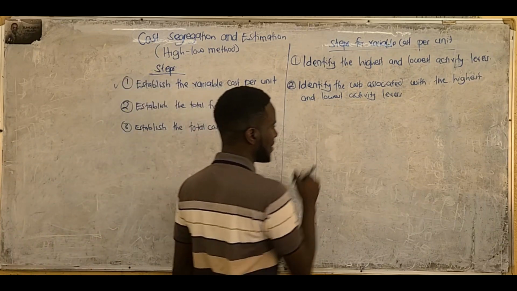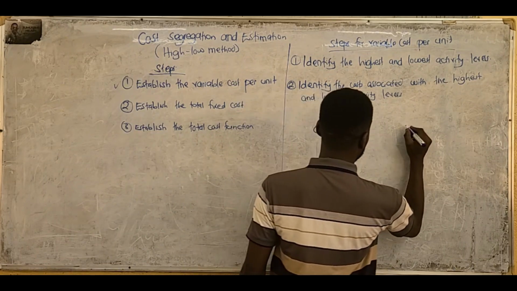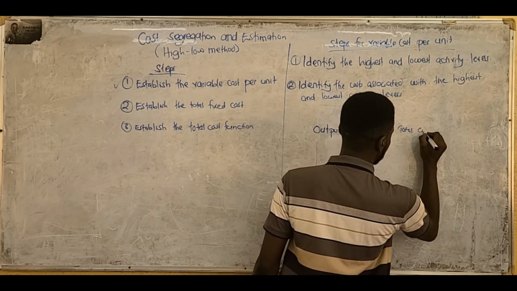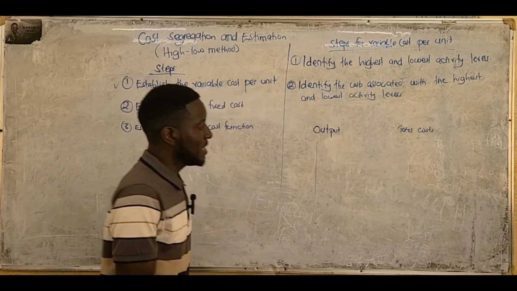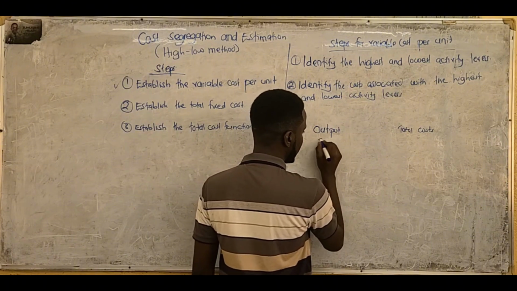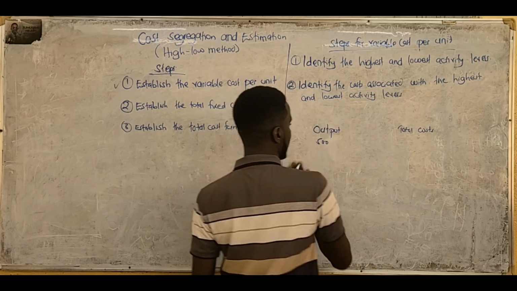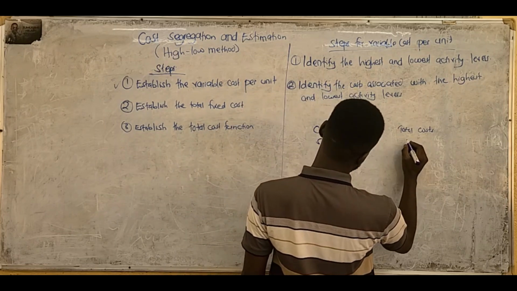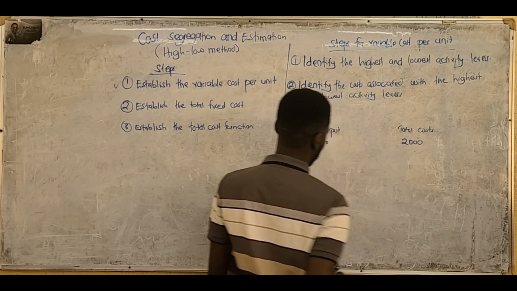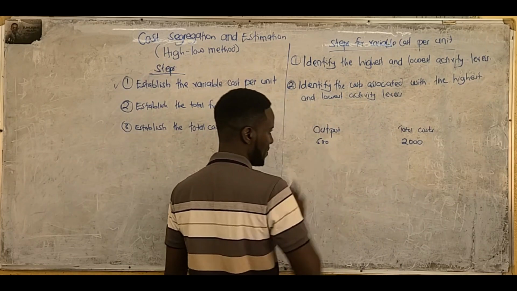Let me give you an example. We can have here our output, and here our total costs. Maybe we have output of 500, and our total cost is, let me say, 2000. Let me put the periods.